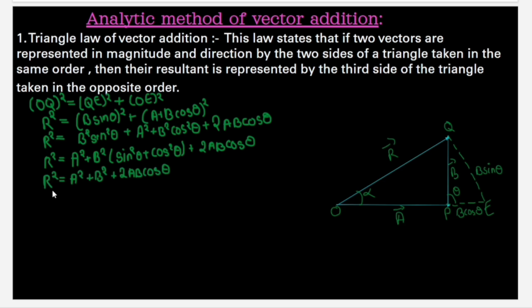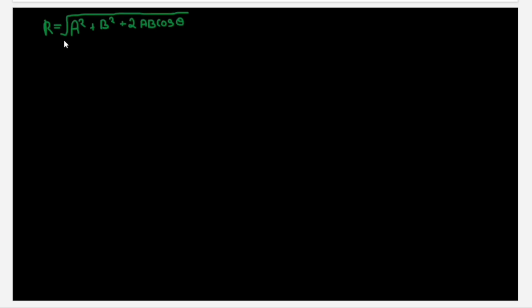We get R square is equal to A square plus B square plus 2AB cos theta. Then we remove the square on the LHS and root the RHS. We get R is equal to root of A square plus B square plus 2AB cos theta, the resultant.